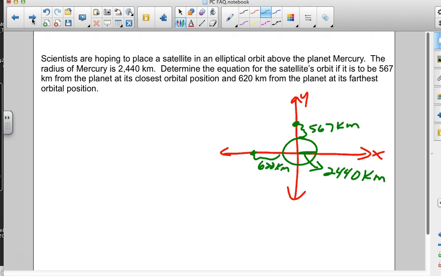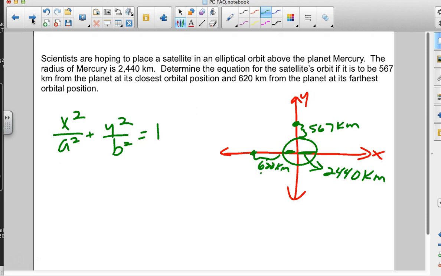Now notice that this time my smaller value of 567 is above and my larger value is horizontal. So that means I should be using x squared over a squared plus y squared over b squared equals 1. And I just need to figure out again what my a squared and b squared values are. So for a squared, I have 620 plus, again, that radius, we're going to say it's almost a sphere.